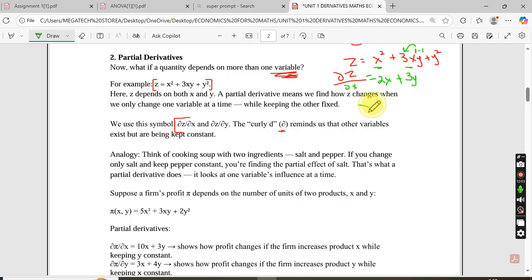Can we derive this function with respect to y now?